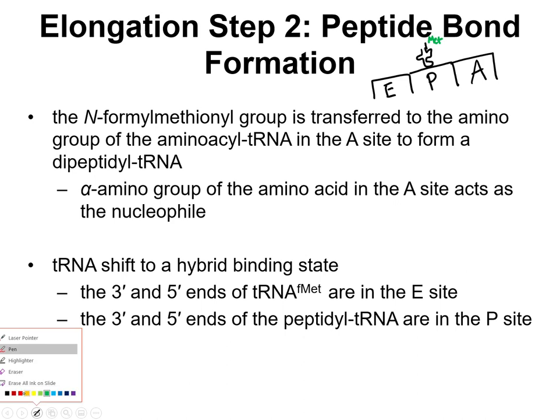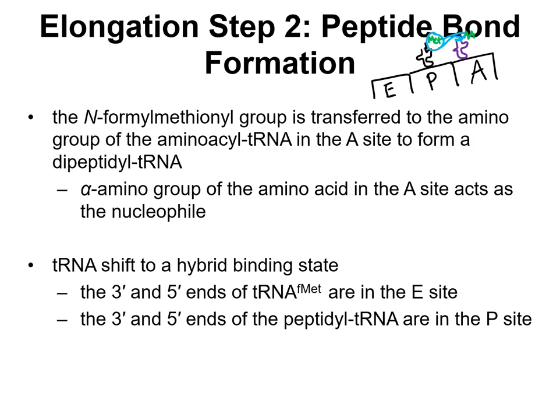We have another tRNA bound that has some other amino acid. We'll just call it AA for amino acid. So what happens is you form a peptide bond between these two, and then that transfers this methionine over to this tRNA that's in the A site.